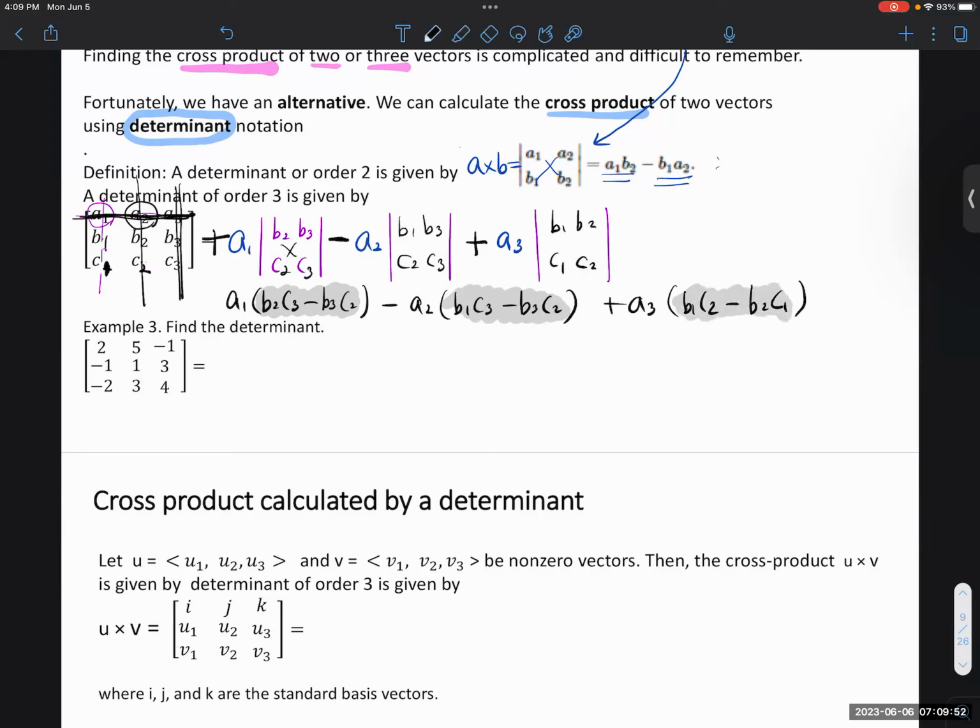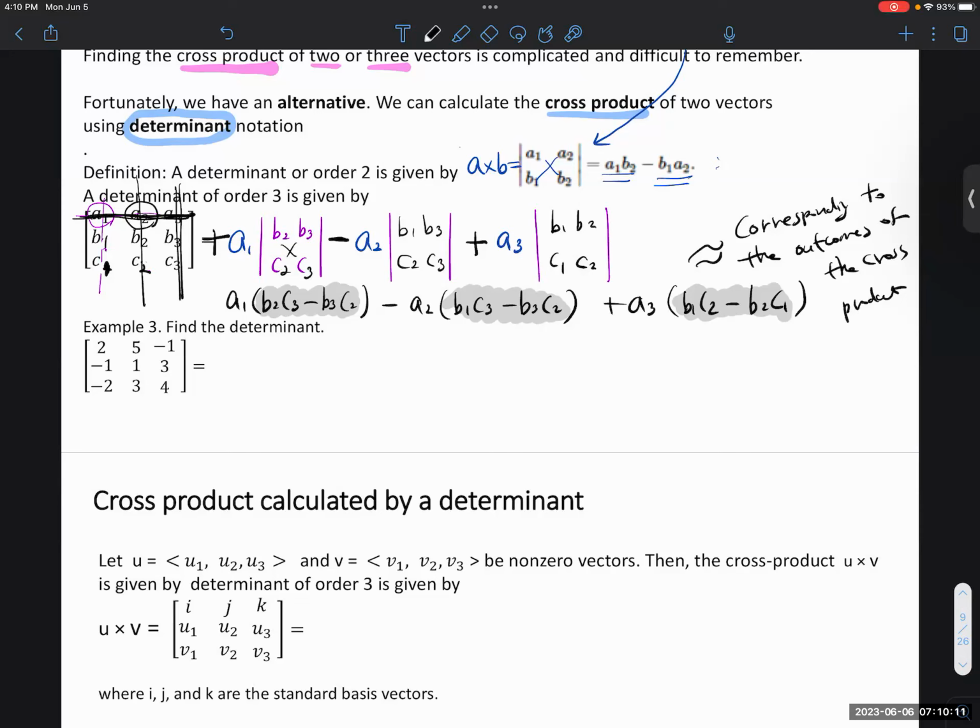This is corresponding to the outcomes of the cross product, sorry, the cross product we just discovered.